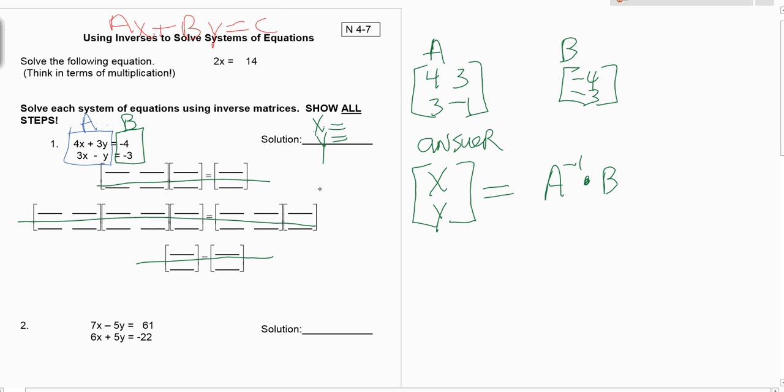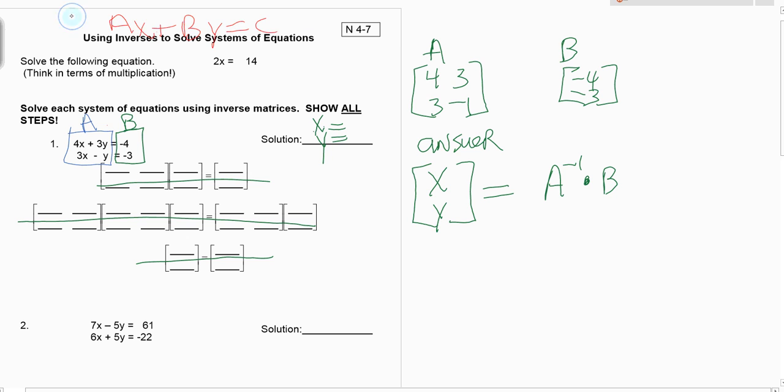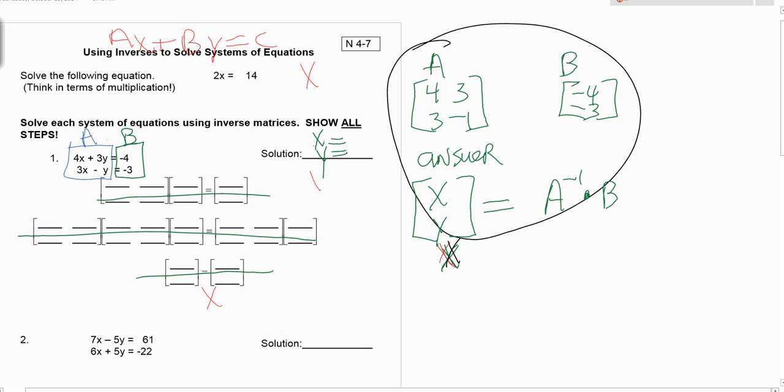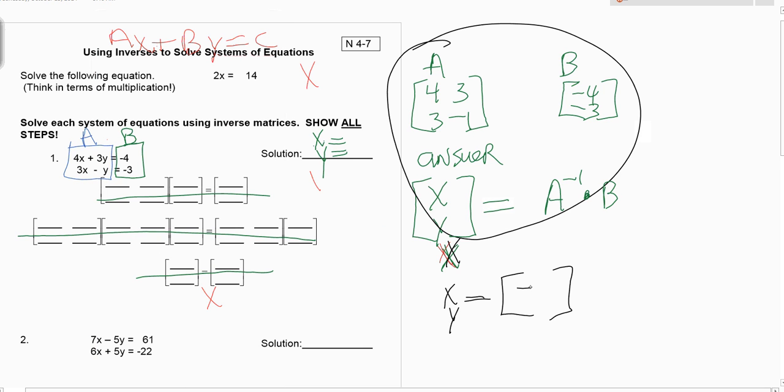Let's try it again. Maybe I have it stuck on eraser. There we go. So xy is equal to, was it -1, 0? Yes, -1 and 0.